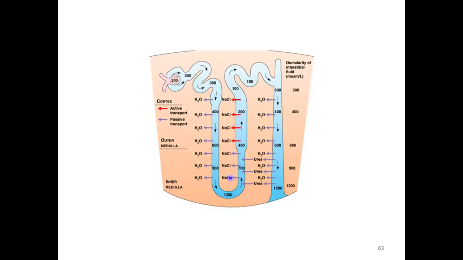They make the 1200, the 900, the 600, and the 300. The red arrow means active transport, so you're actively kicking out sodium there, and then you're pulling water out, and water and urea. This is really interesting.